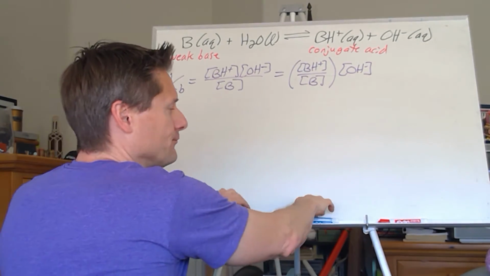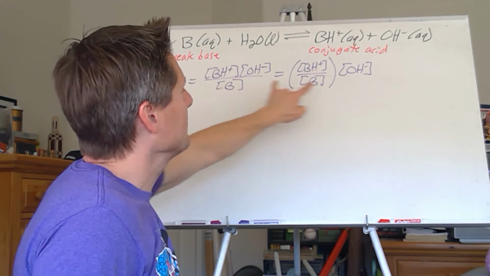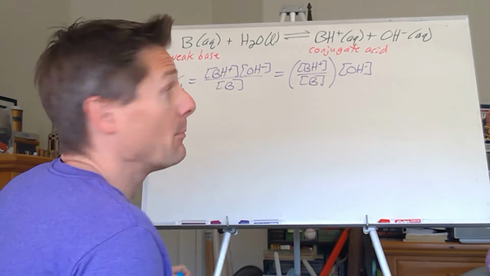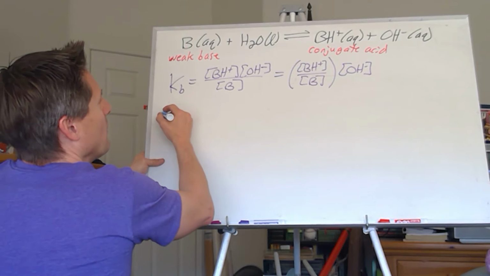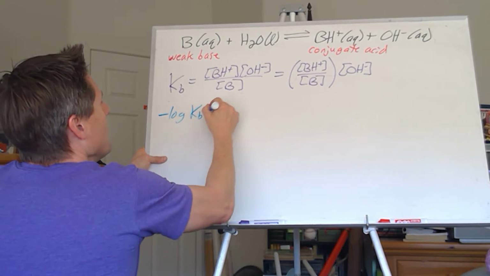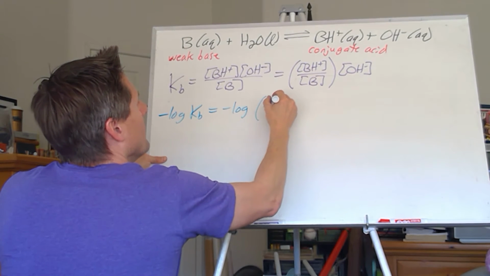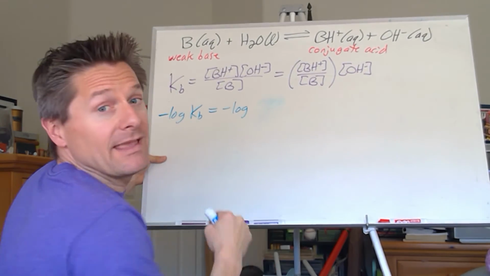Remember, if you take the negative log of both sides, we can split these terms. And we're going to get the pOH instead of the pH in terms. So let's take the negative log of both sides. So negative log of Kb will be the negative log of this term. You're okay if I rotate these? You'll see it a little better.